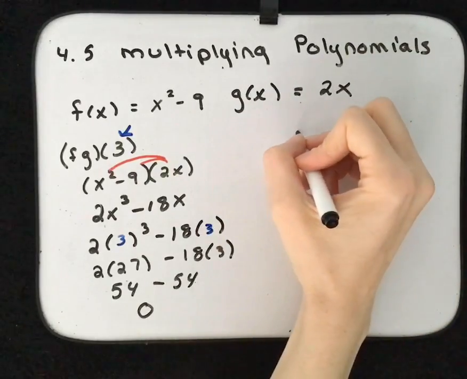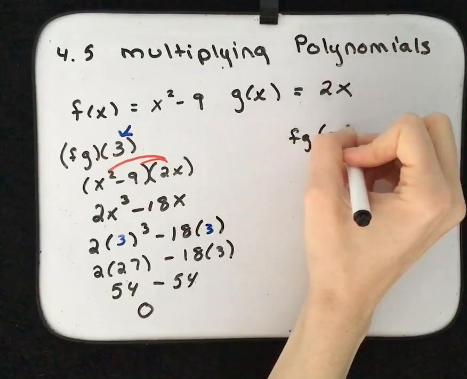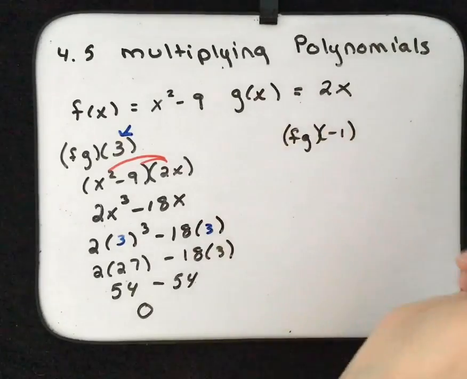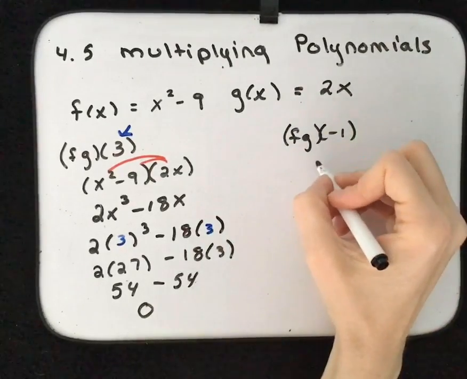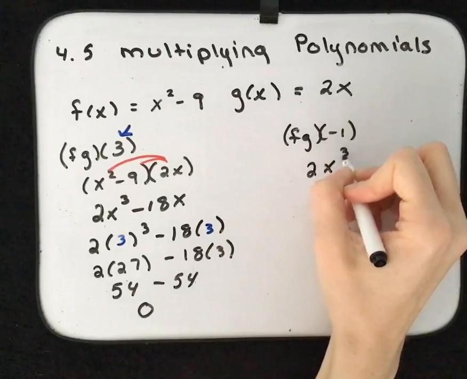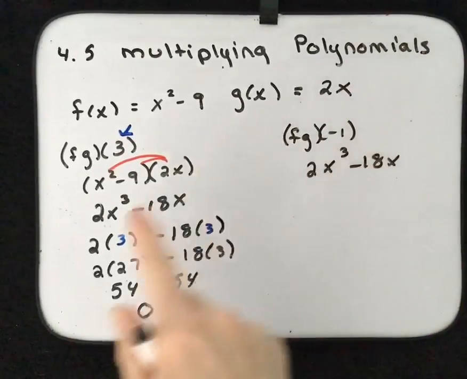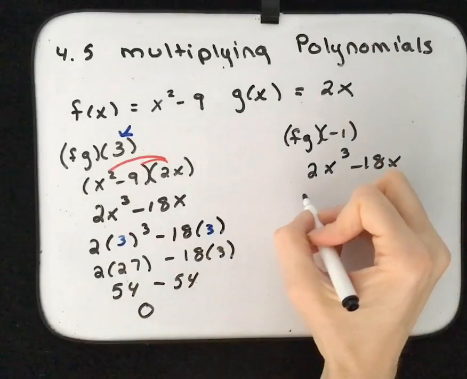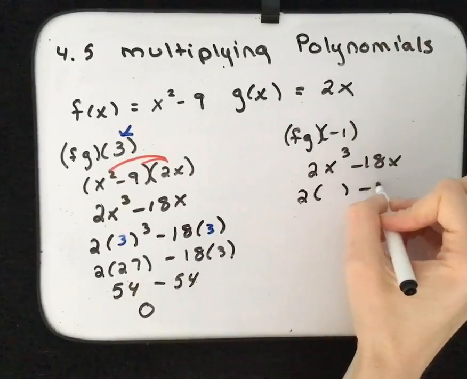Let's look at another one. See, we have f times g of negative 1. Well, we already found f times g, and we found that to be 2x to the third minus 18x. That's from right here. So let's go ahead and put in our parenthesis.